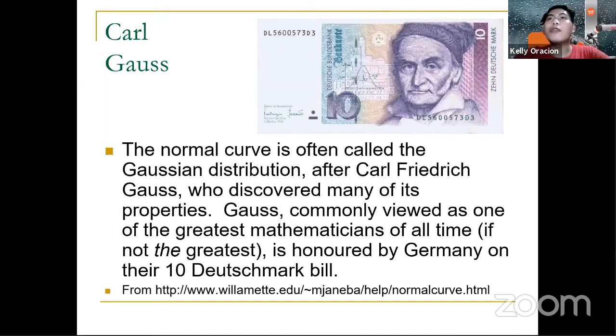Gauss is commonly viewed as one of the greatest mathematicians of all time, and because of that, he was honored by Germany, and they put his face on their 10 Deutschmark bill. Okay?